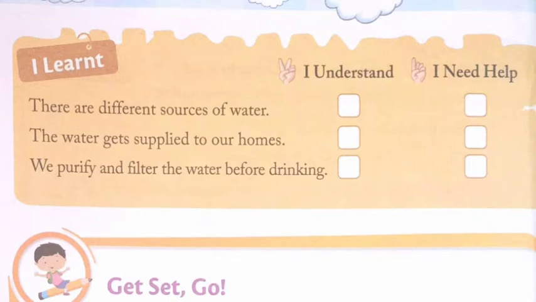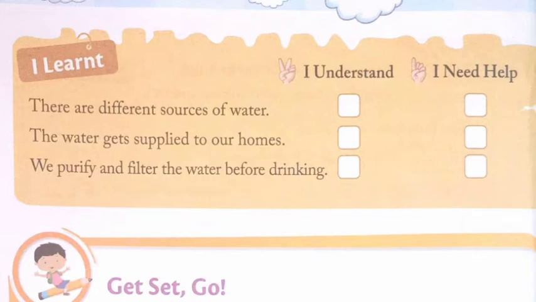Okay, let me recall what we learned in the lesson. There are different sources of water, like river, rain, tube wells, and tap water is also available to us. Point number 2: the water gets supplied to our homes through a systematic pipeline that is fitted inside our homes, and we get water from the taps.